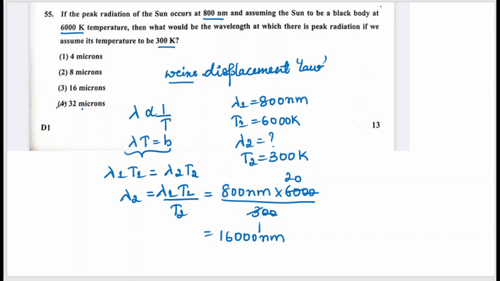They have given the options in terms of micrometers. So 16 into 10 to the power of 3 nano can be written with 10 to the power of minus 9 meter. So 3 minus 9 is minus 6. So it will be 16 into 10 to the power of minus 6 meter, which can be read as 16 microns. Right, option 3 is the right option.